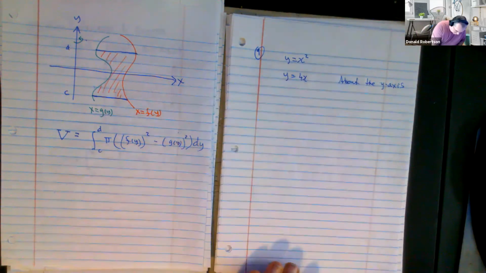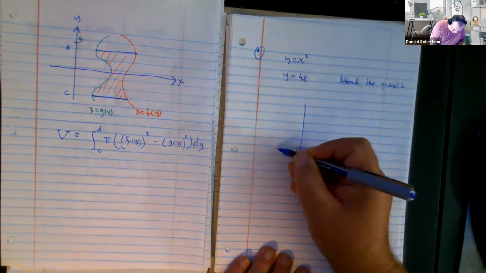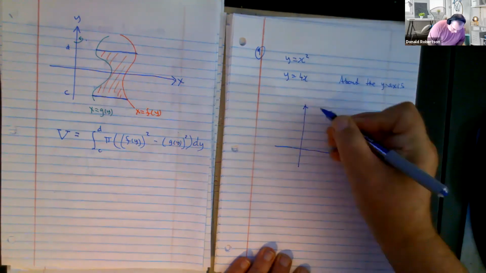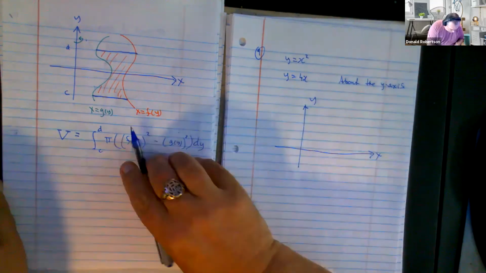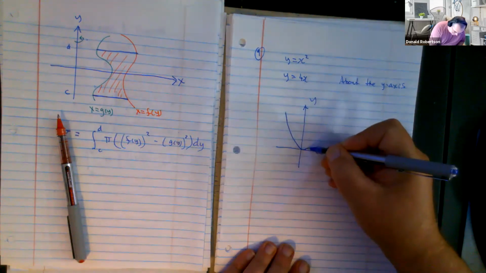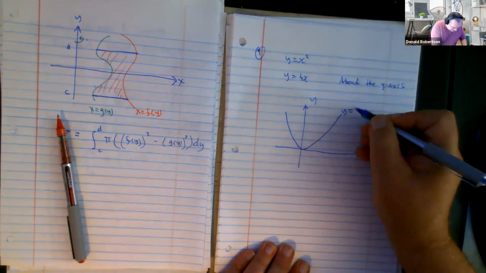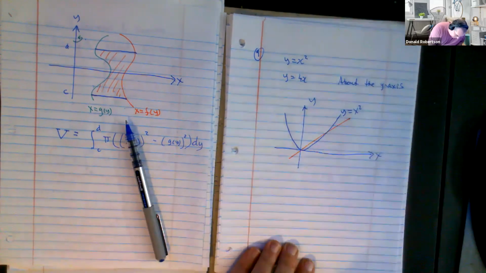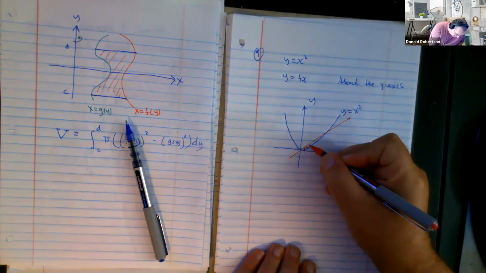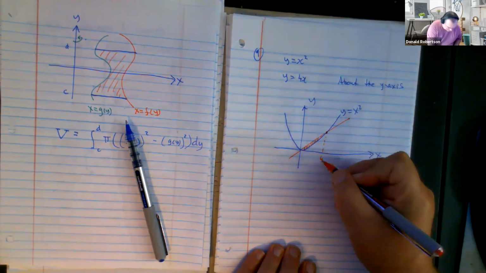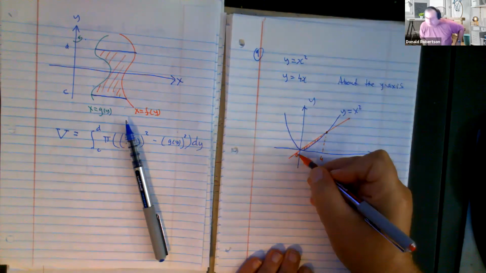Now, I'm still going to use that information to draw the sketches because it doesn't matter how you rearrange an equation, it's still the same guy. Would you agree that y equals x squared is just a big happy face? And that y equals 4x would be a straight line. And the guy that we want is a little skinny banana. And can you trust me that that guy is 4? And this guy is clearly 0. Are you happy about my picture?